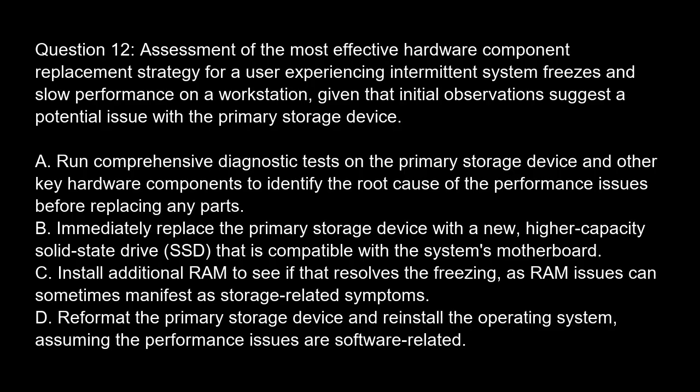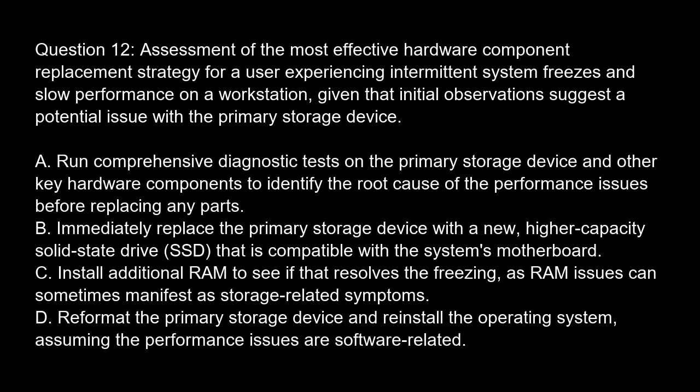Question 12. Assessment of the most effective hardware component replacement strategy for a user experiencing intermittent system freezes and slow performance on a workstation, given that initial observations suggest a potential issue with the primary storage device. Option A. Run comprehensive diagnostic tests on the primary storage device and other key hardware components to identify the root cause of the performance issues before replacing any parts.